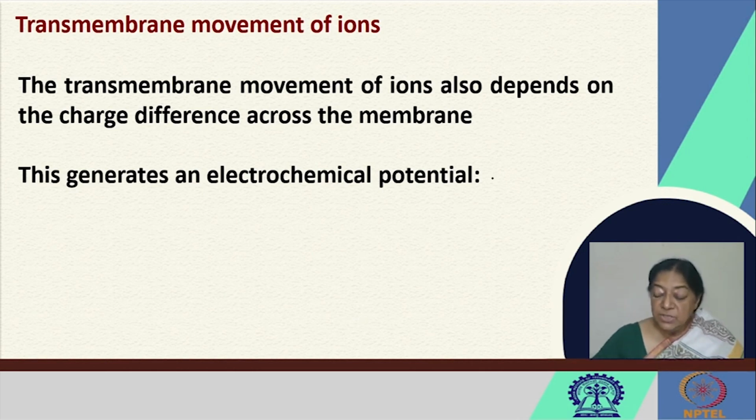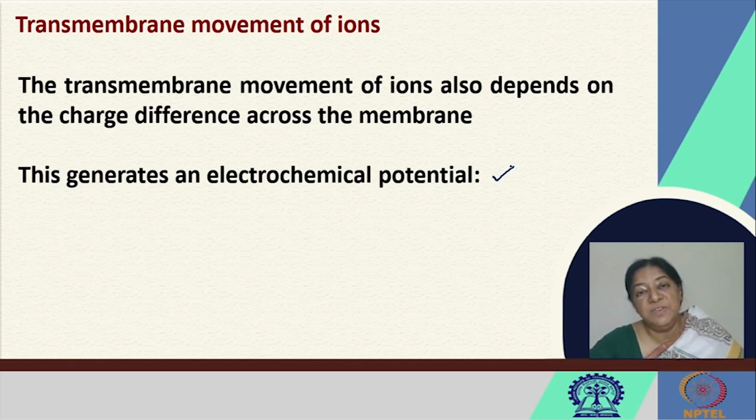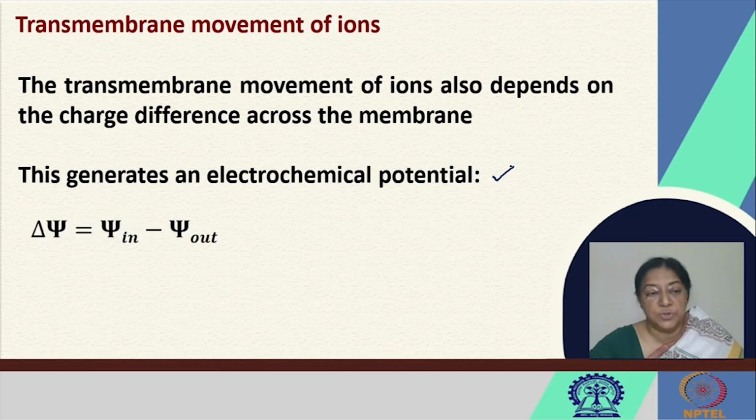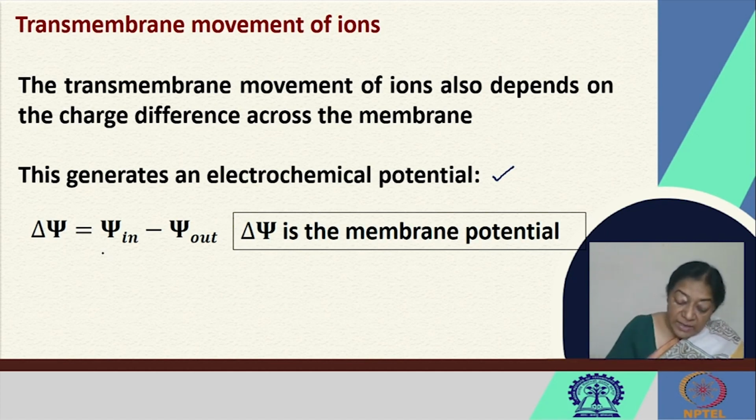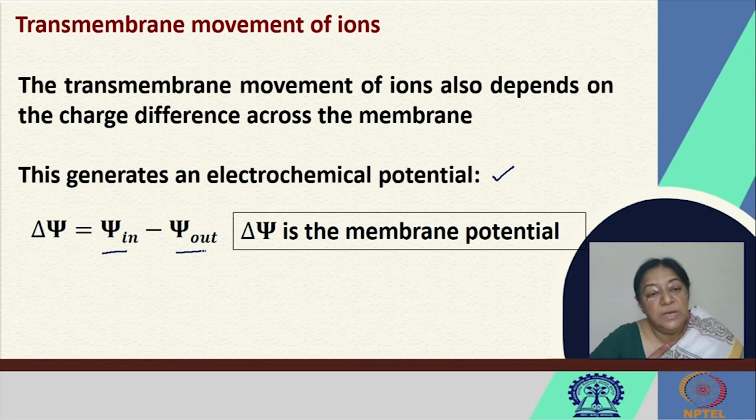This generates what is called an electrochemical potential, which we will revisit in the next lecture, that also will deal with membrane transport. What we have here is an electrochemical potential inside the cell and outside the cell.